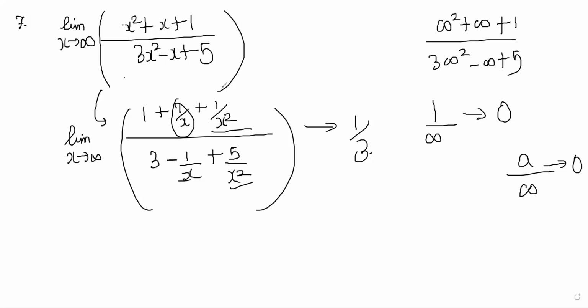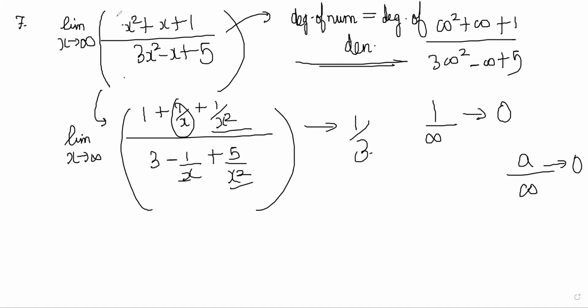Because that will convert the terms into 1 by x and stuff like that. In case the degree of the numerator is the same as the denominator, then the answer will be simply the ratio of the coefficients of the highest powers, right?